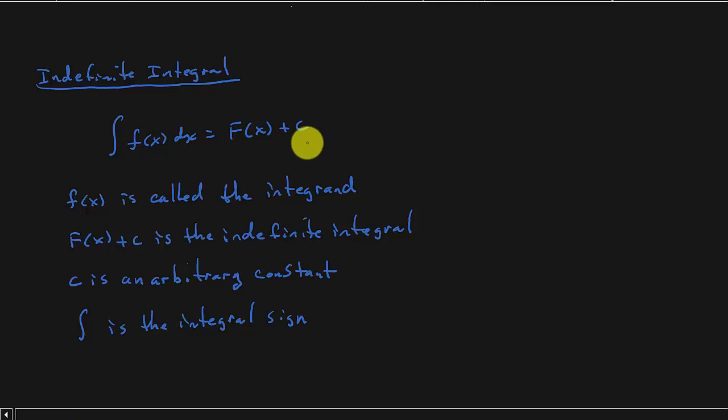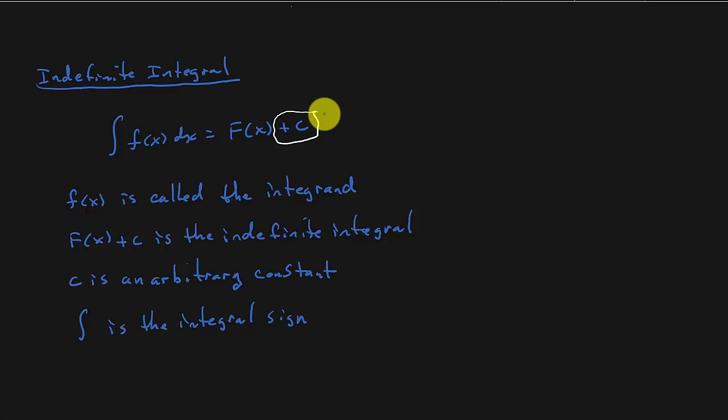Now notice this right here, this plus c. You're always going to add this plus c when you do the integral or find the antiderivative. It's plus some constant. Now, what is that constant?